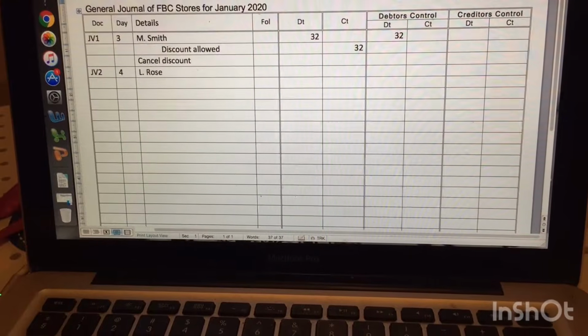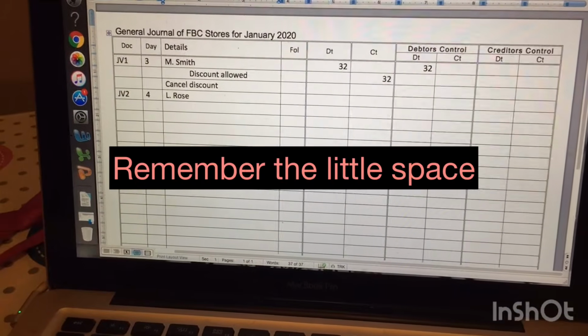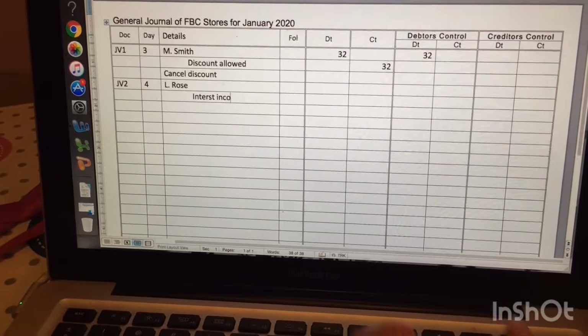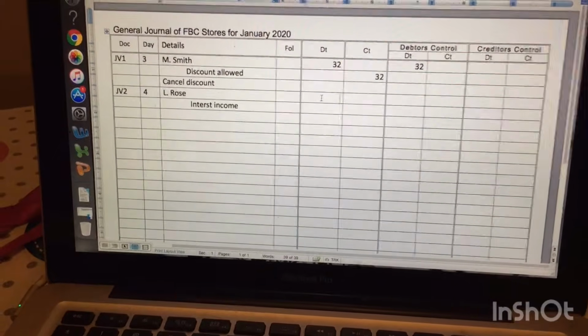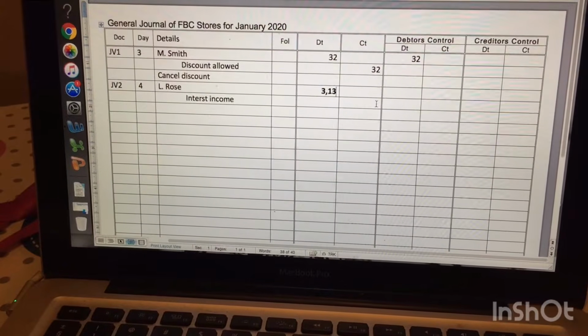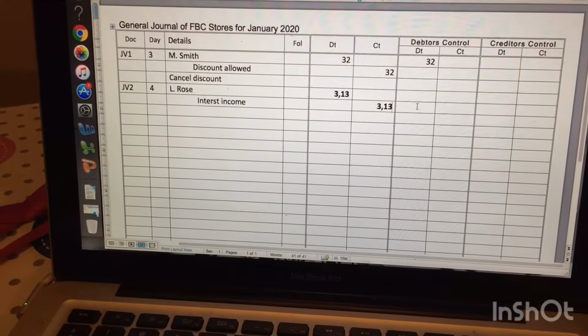And then remember, the next one must have a little space. And then I'm going to write interest income. Okay. I'm going to leave the folio column. The amount is 3.13 Rand, debit over there, and 3.13 Rand in the credit column.